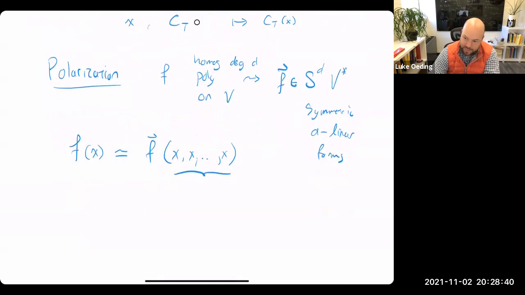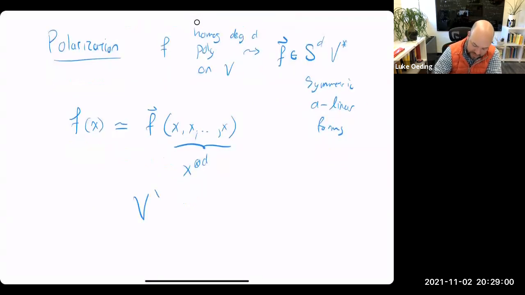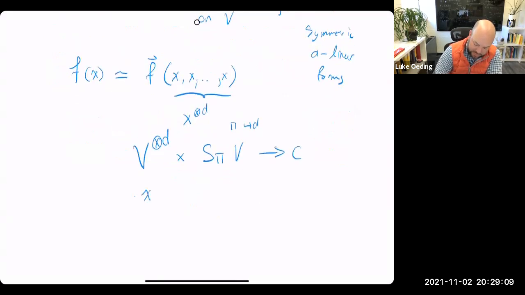Now, a d-tuple of x's, I can think of this as x tensor to the d. This is equivalent information. Whether it satisfies the tensor product, you have to check the multilinearity, but the tensor product is multilinear again. So I have a multilinear form and I can feed it x tensor to the d. So that's what I'm going to do instead. I'm going to take V tensor d times cross S_pi V, where pi is a partition of d, to C, but I'm only going to describe it on these pure tensor powers, CT_pi.